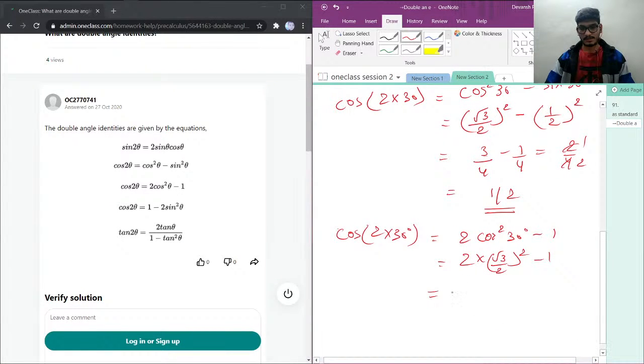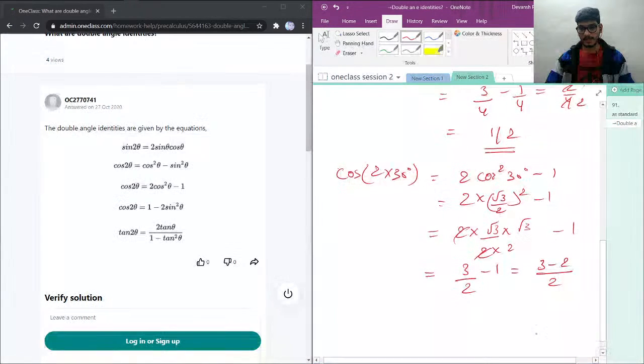This is going to be 2 times 3 over 4 minus 1. This will be 3 over 2 minus 1. If I take the LCM, this is again going to be 1 over 2. So again cosine 60 is 1 over 2.